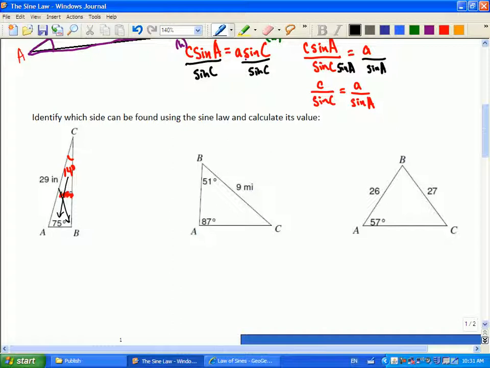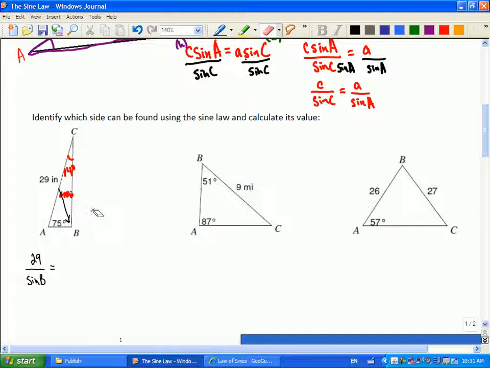I could write this out as 29 over sine of B is equal to, oops, sorry, one second here. Yeah, I paired an angle up with an angle. My apologies. It should be the side there.